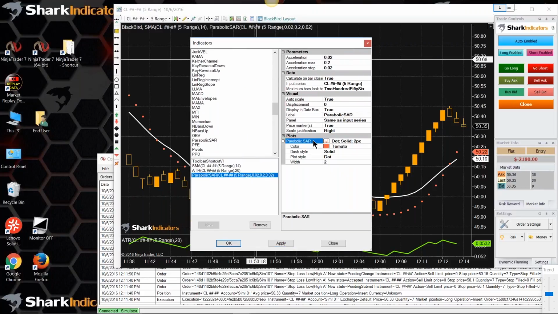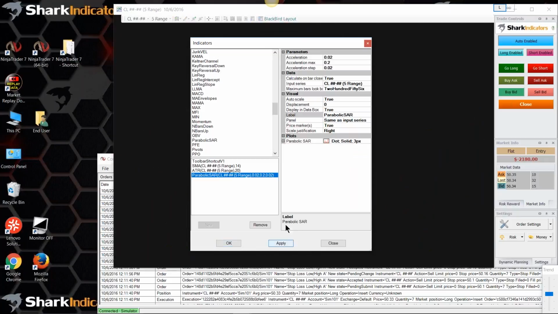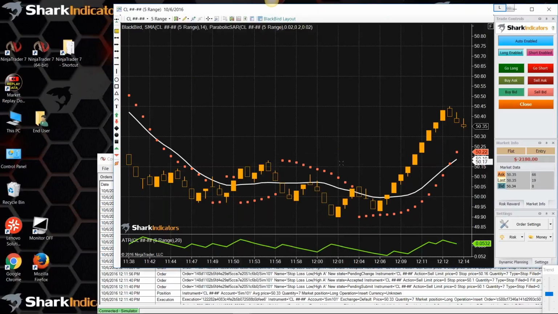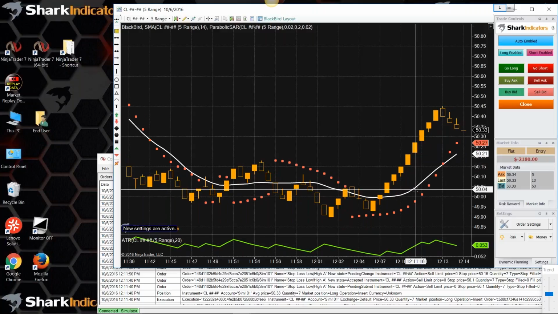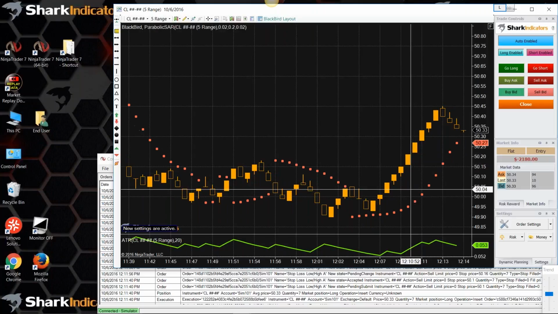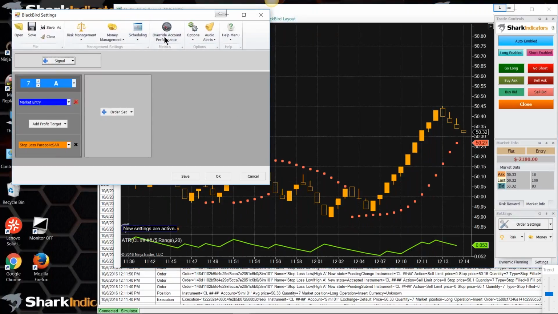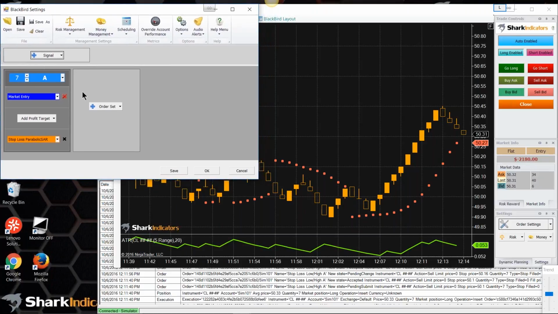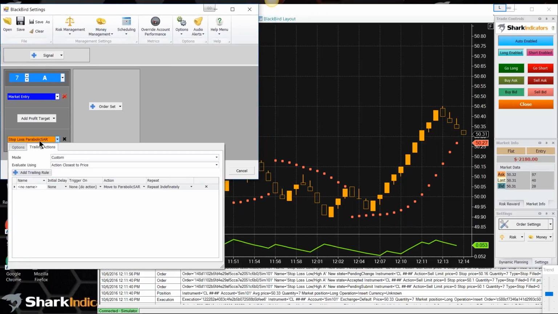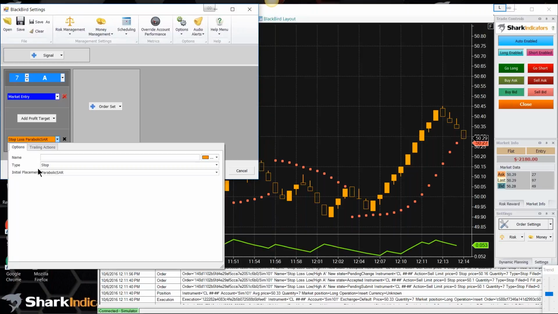There we go. Okay, so the red dots, that's our parabolic SAR there. And so let's take a look at how this is set up.